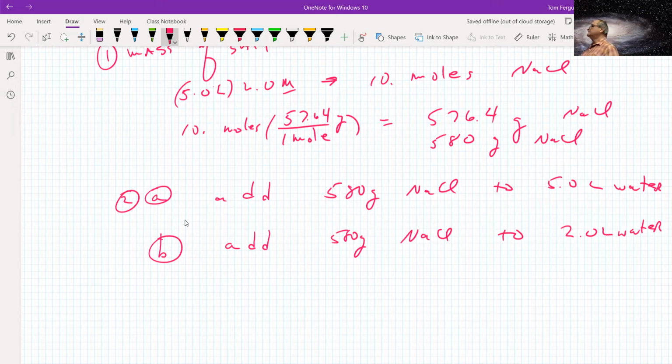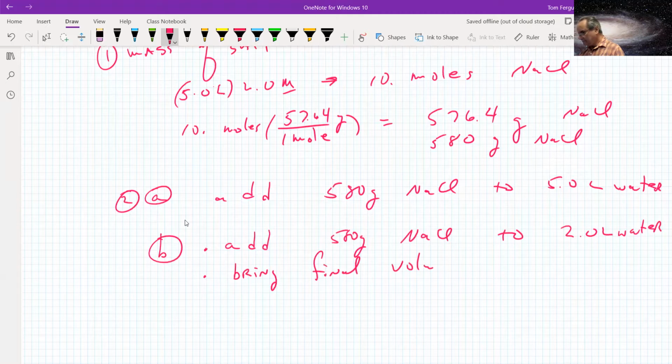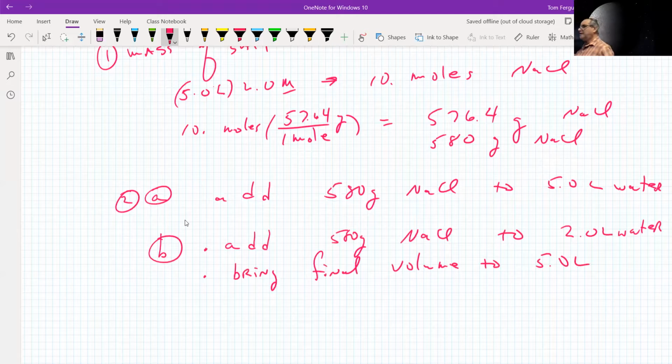Mix it up until it's totally dissolved. Then bring the final volume up to 5. That's the official way.